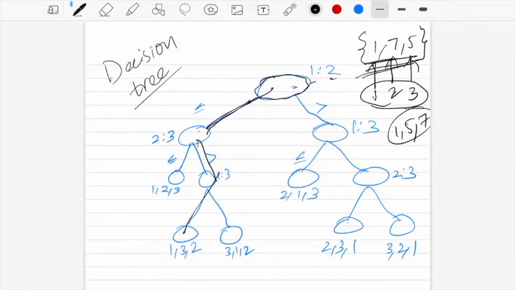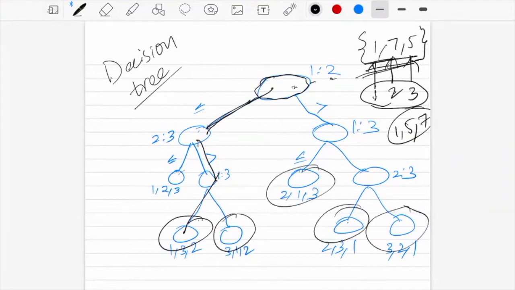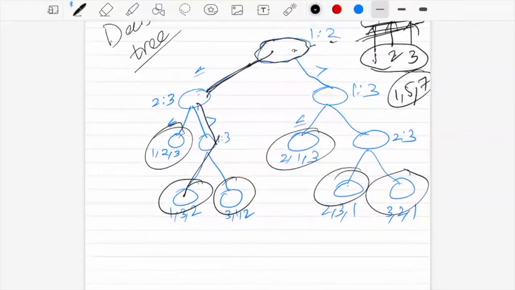Every decision tree has leaf nodes; a leaf node is the last point of a decision tree. For this array, we have six leaf nodes in this decision tree.